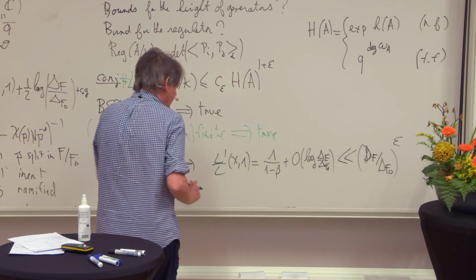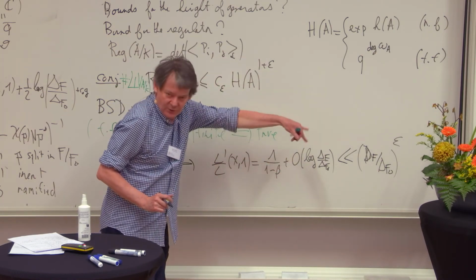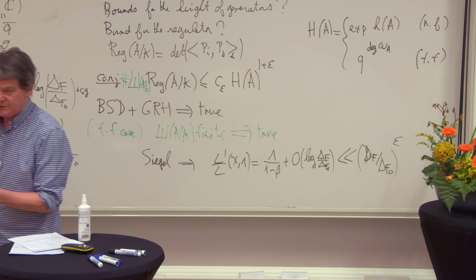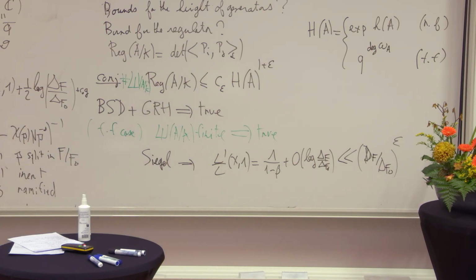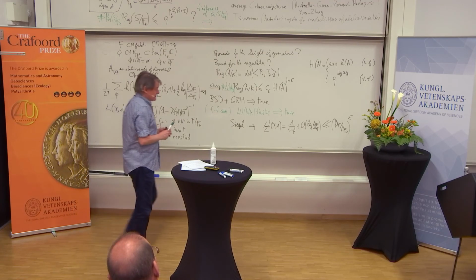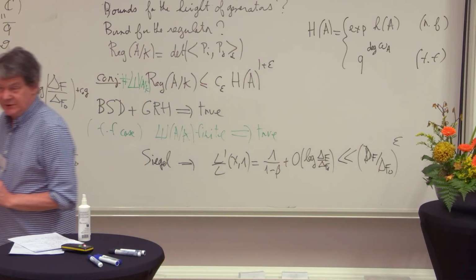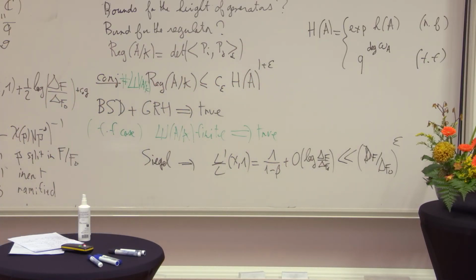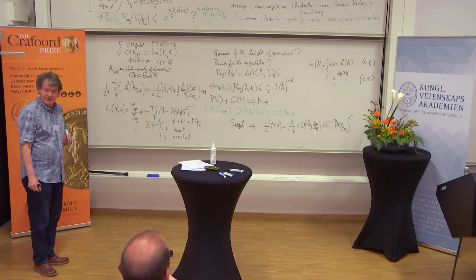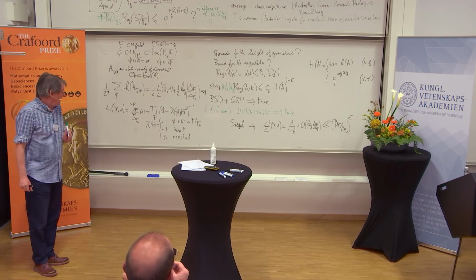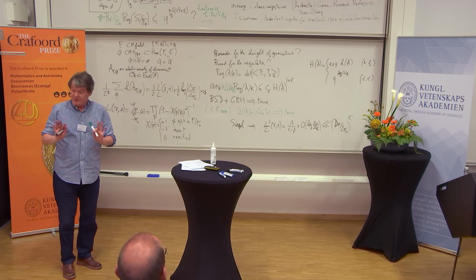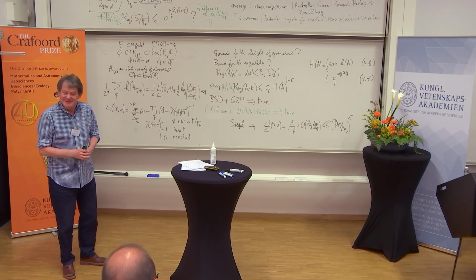And of course, if you have no Siegel zero, then you can get O of log delta, which is much better. And it turns out that this estimate is exactly what you need for the André-Oort conjecture. This estimate with epsilon is enough. So perhaps I should, sorry, I'll stop here.